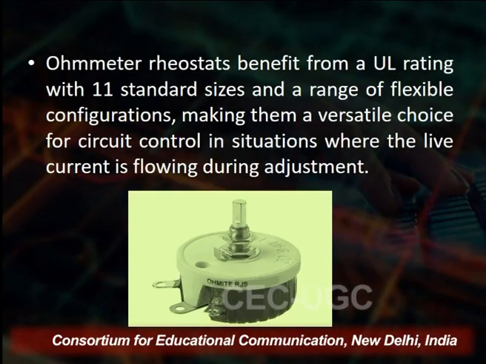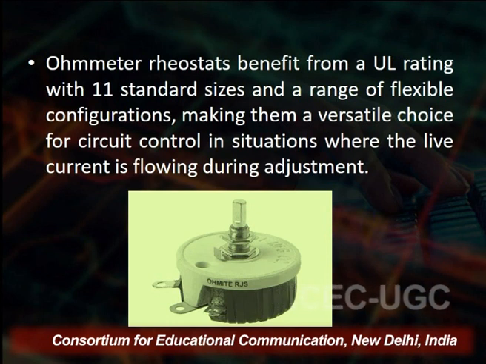Ohmite rheostats benefit from a UL rating with 11 standard sizes and a range of flexible configurations, making them a versatile choice for circuit control in situations where live current is flowing during the adjustment.